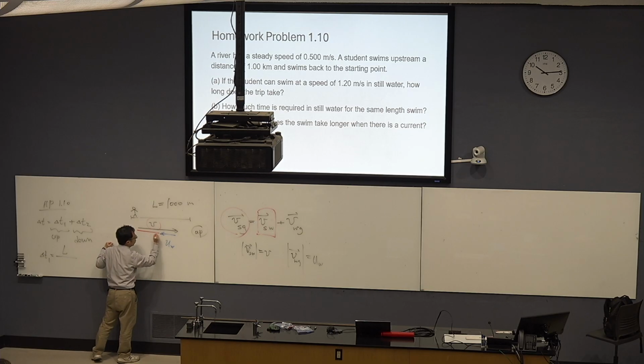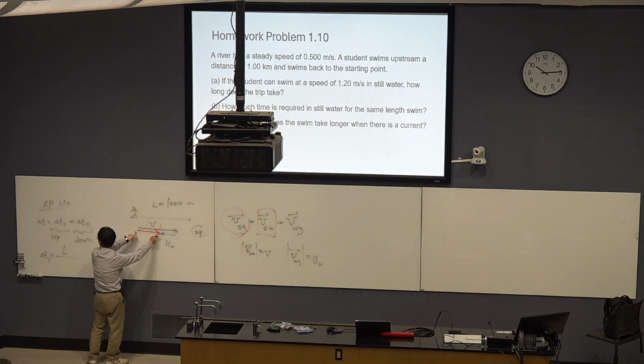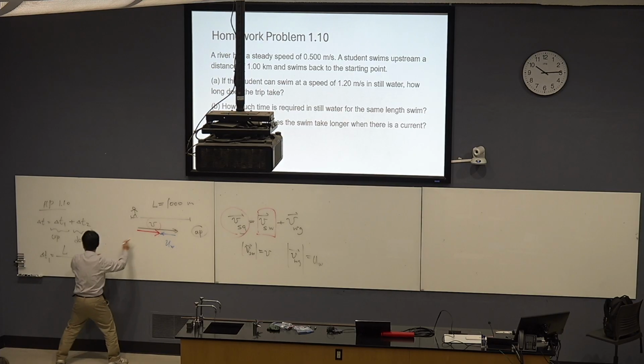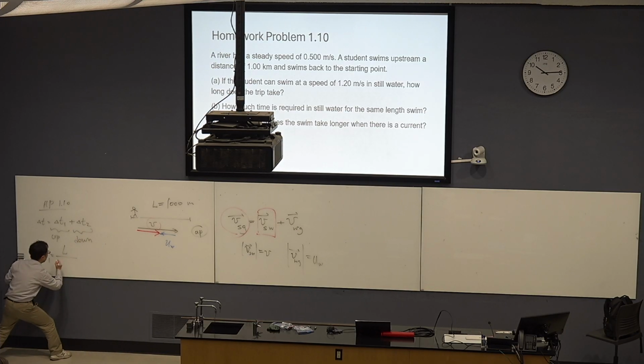So this will be your resultant here, right? So that's why the resultant should be this magnitude minus this magnitude. That's why the resultant, this red one, is the one you put here. That will be V minus UW, right? So that's your delta T1.